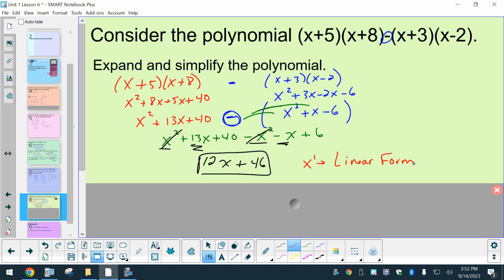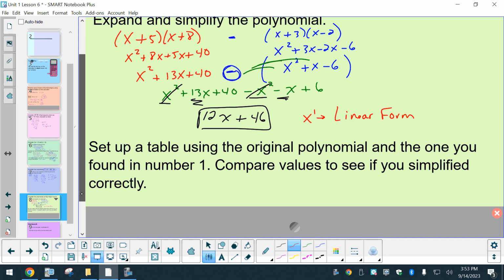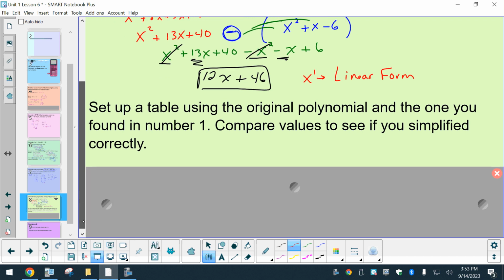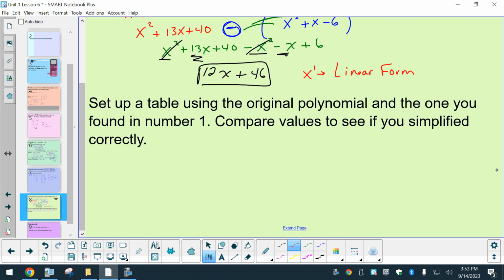All right, so what we want to do now is take the original polynomial and the new one that we just found, and compare to see if we actually did it correctly. So let's show you what this will look like. You guys will have an X column. Then in Y1, we want to put the original polynomial.